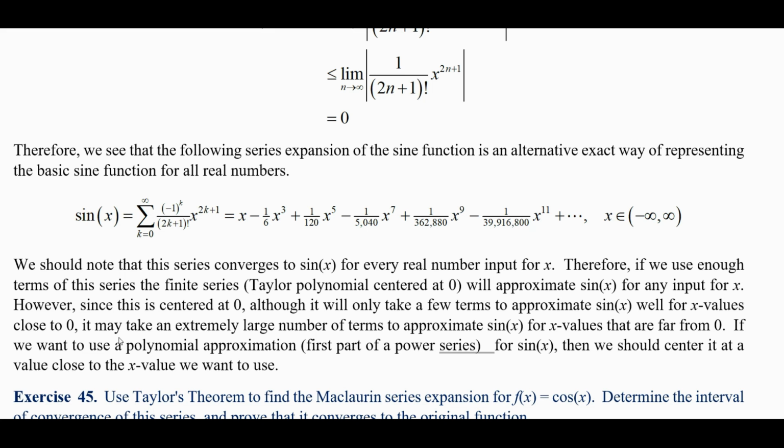However, since this is centered at 0, although we'll only take a few terms to approximate sine of x very well for x values close to 0, it may take an extremely large number of terms to approximate sine of x for x values that are far from 0. If we want to use a polynomial approximation, or the first part of the power series, for sine of x, then we should be sure to center it at an x value close to the x value that we want to find out.